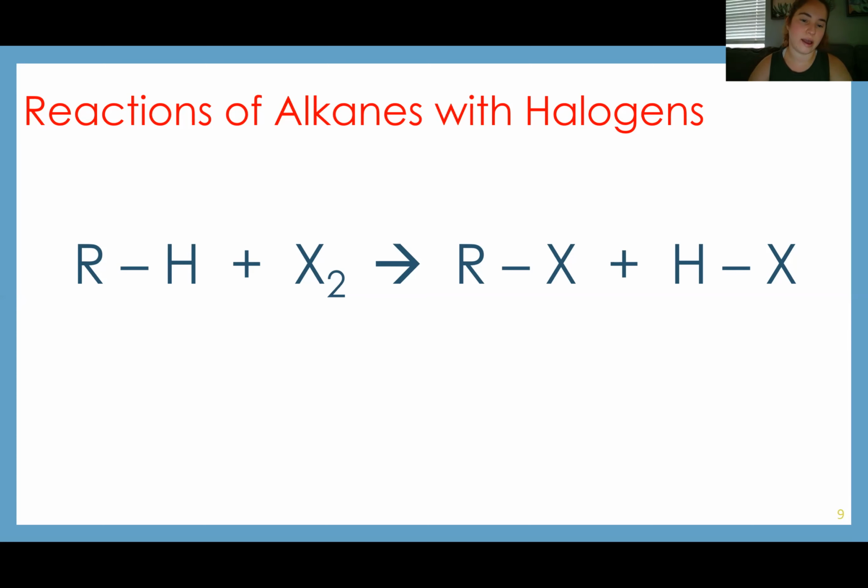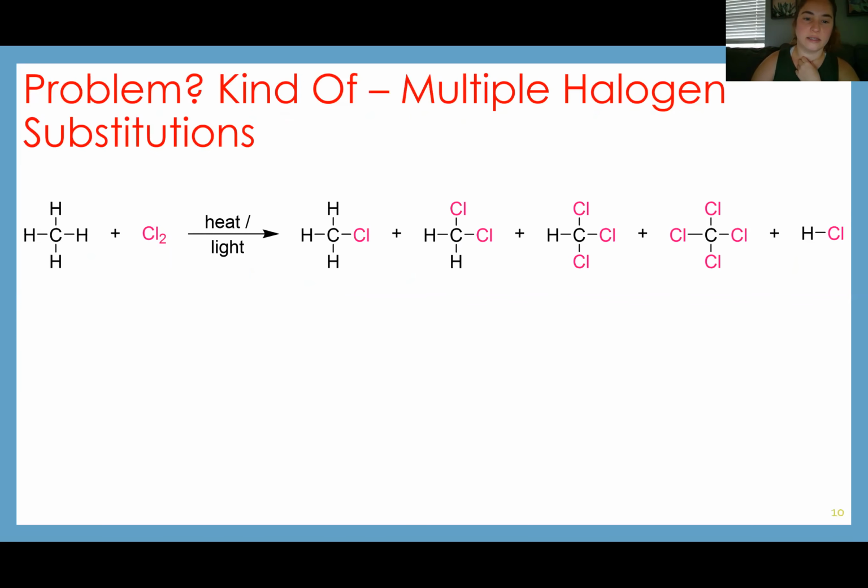So if you take an alkane and you react it with a halogen in the presence of heat or light, you will get an alkyl halide and an equivalent of the halogen acid. This only works with fluorine, chlorine, and bromine, so you won't see this reaction with iodine. We're going to look at this in detail now.